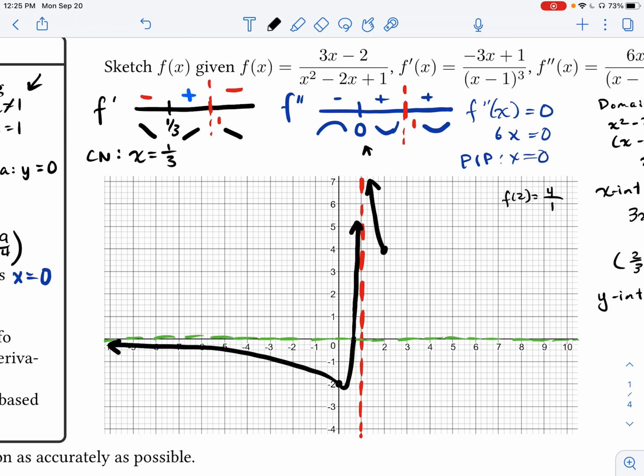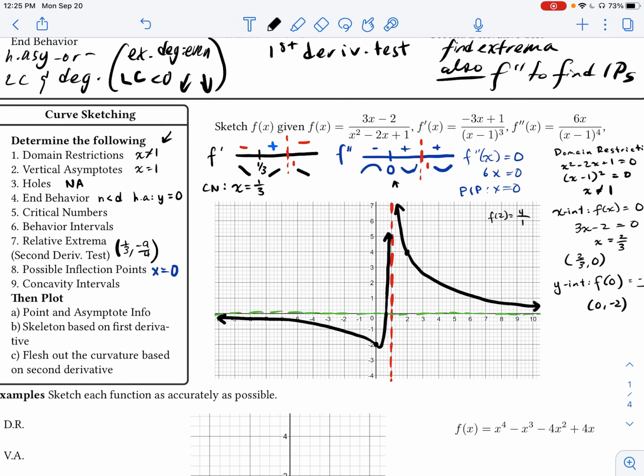It's going to continue to decrease, but it's going to stay concave up. So it's going to continue to do something that looks like this. It stays concave up, it stays decreasing, it's going to hug that horizontal asymptote, and that there is a pretty decent graph that we were able to sketch given all that we know.